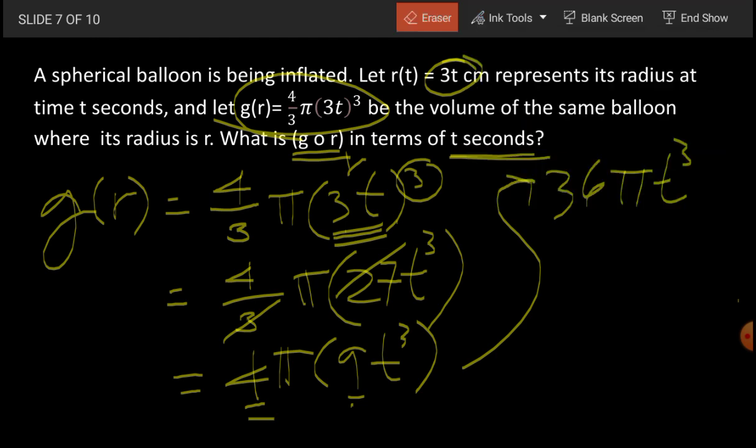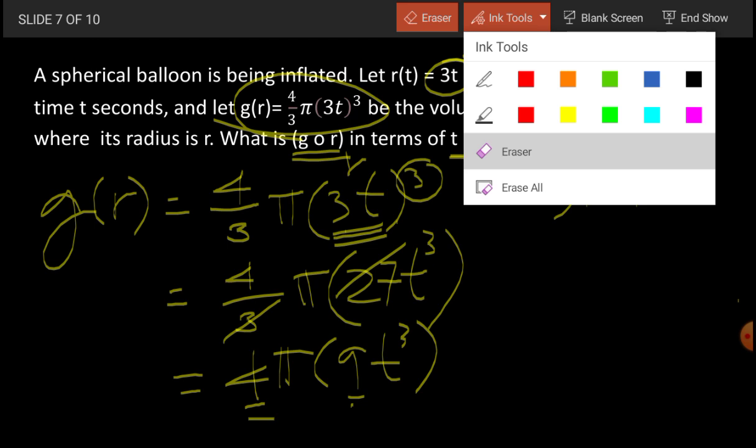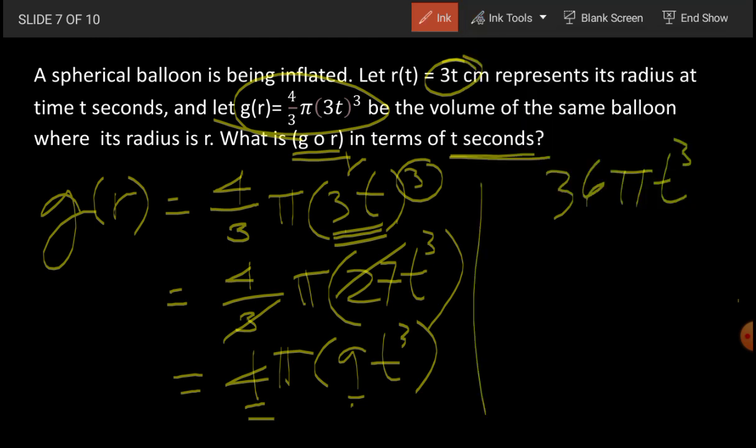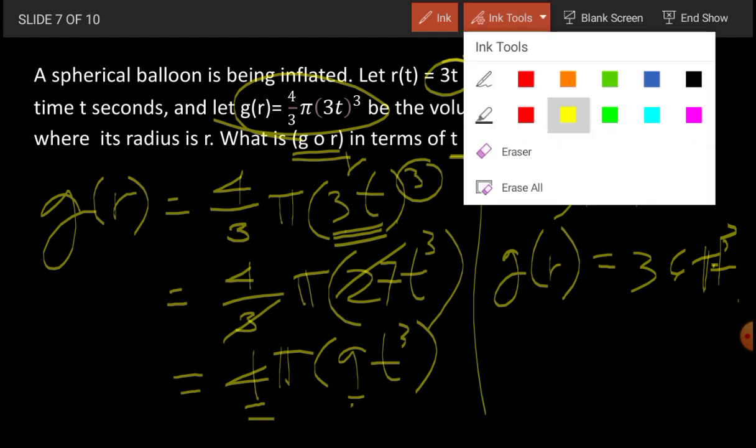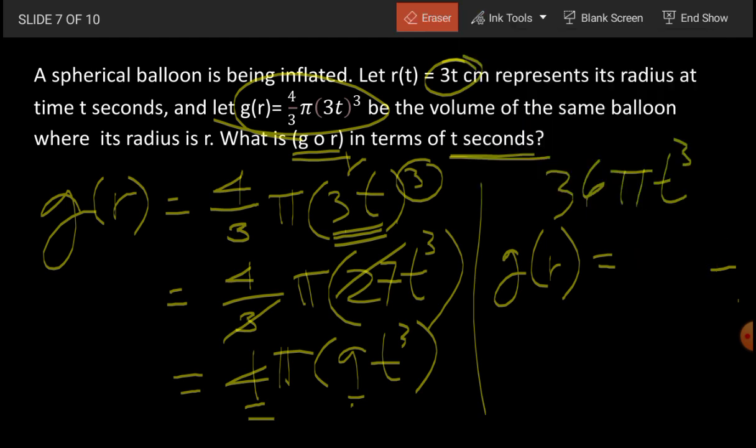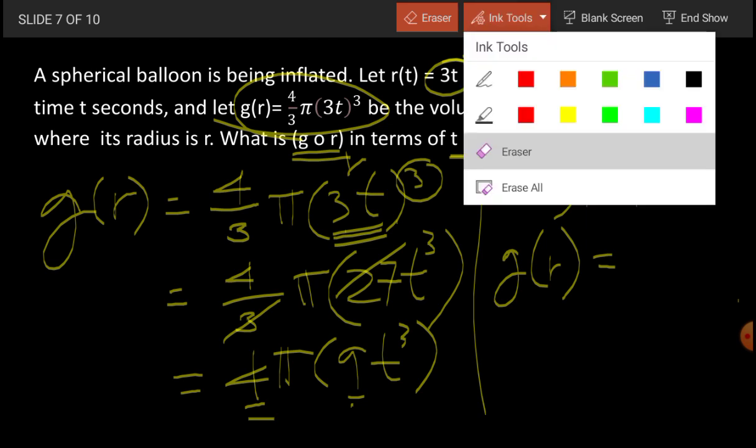So therefore we can just express g of r as 36 pi t cube. Let's just fix it because it looks ugly.